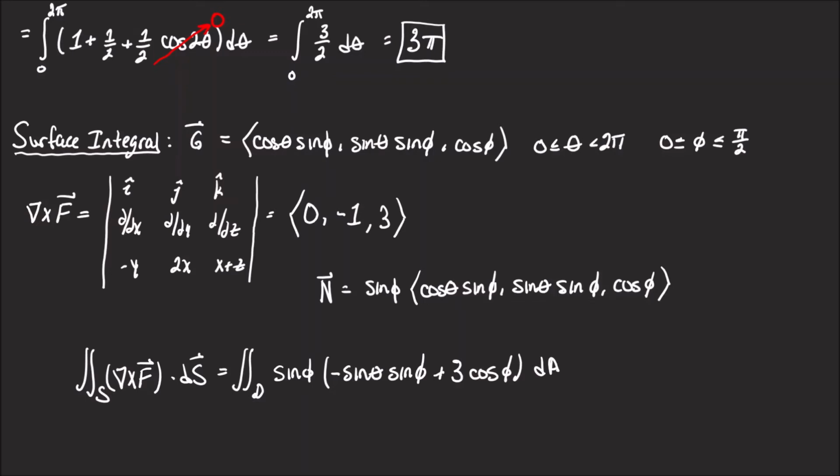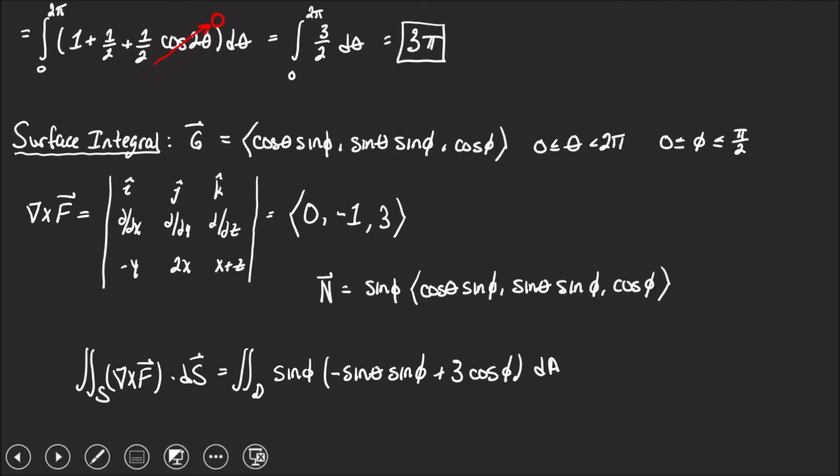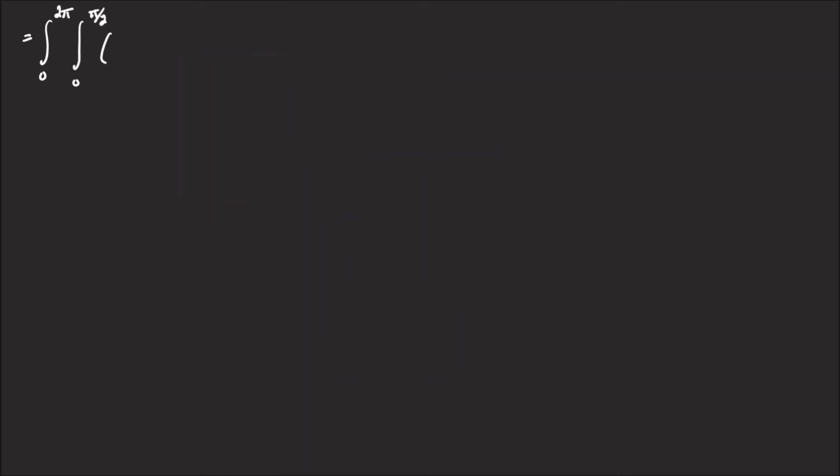Now, of course, we know what our domain is. All right, so the integral from 0 to 2 pi, integral from 0 to pi over 2. Distribute this sine of phi through: negative sine theta sine squared phi plus 3 sine phi cosine phi d phi d theta.